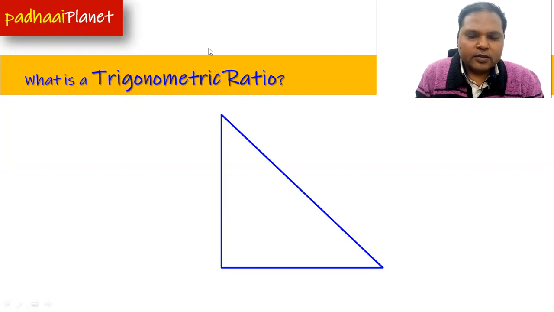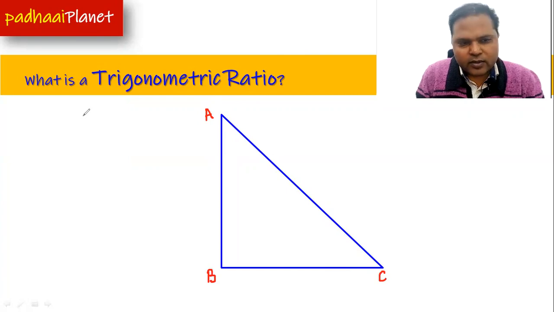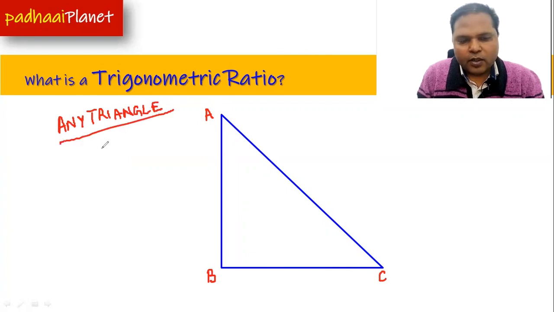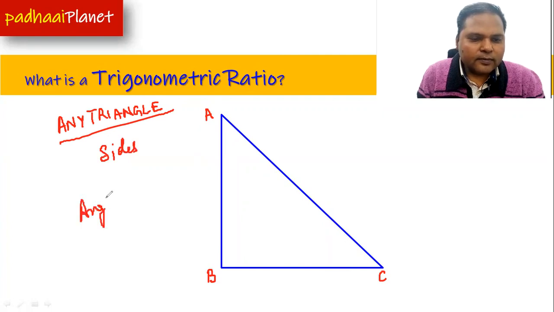Suppose the vertices of this triangle are named A, B, and C, right? Now, any triangle is basically made up of two important things: one of them is the sides, and the other one is the angles, right?